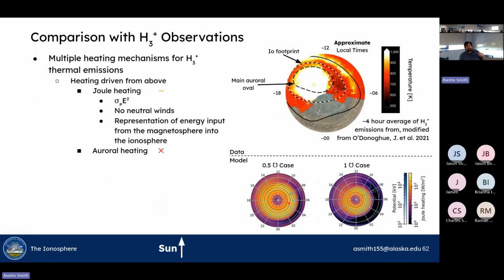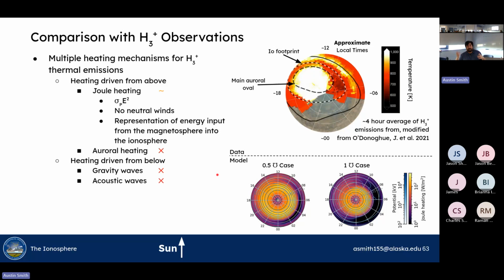But we're just thinking of this as the main representation of energy input from the magnetosphere into the ionosphere and thermosphere system for this comparison. There's also a lot of auroral heating that could play a significant role, although that's also not very well constrained.